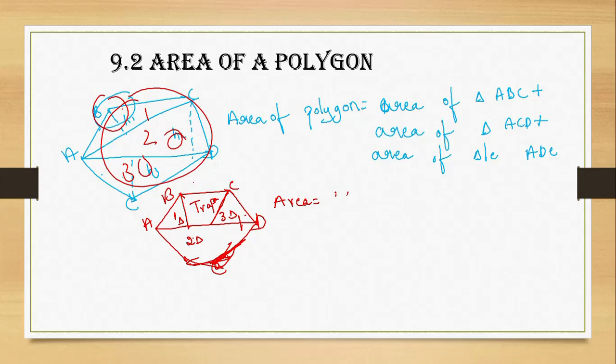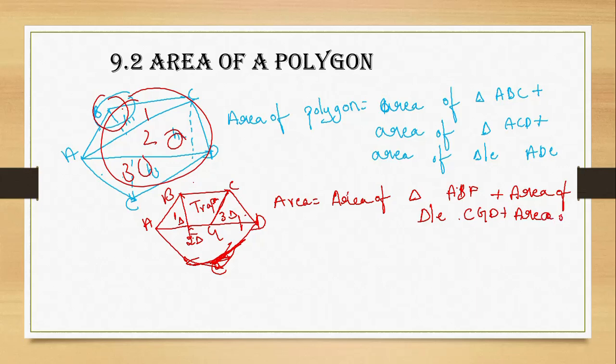Area is equal to area of triangle ABF plus area of triangle CGD plus area of triangle ADE plus area of trapezium BFGC.